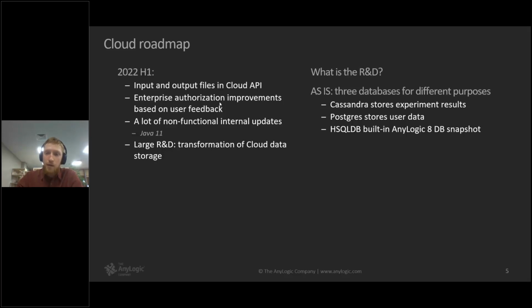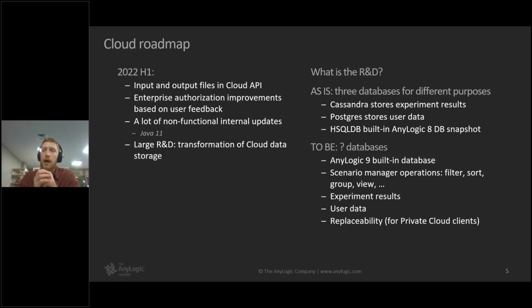And we have AnyLogic 9, and definitely AnyLogic 9 should support built-in database in some way. And since AnyLogic 9 is software as a service, it cannot use the same approach as we use currently with the HSQL built-in database in AnyLogic 8.